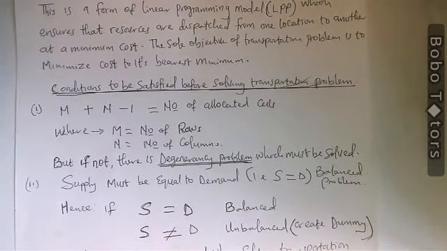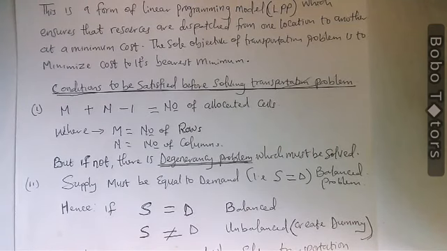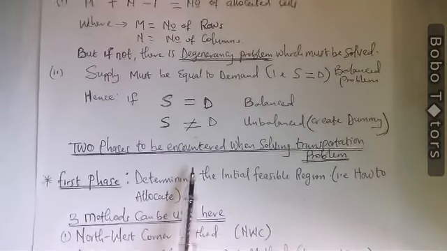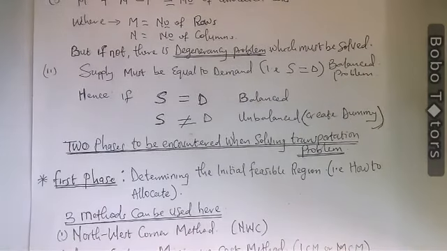Now, there are two phases to be encountered when solving a transportation problem. The first phase is how you are going to determine the initial feasible region. That is, how are you going to allocate the cells. Under this, we have three methods of allocating.